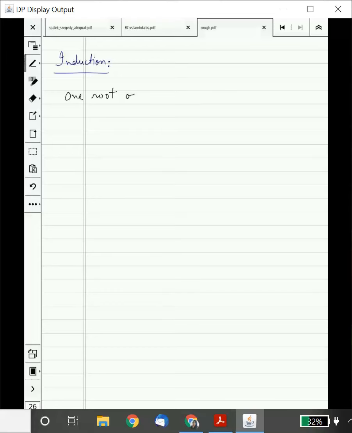You remember what the characteristic polynomial of M was? Determinant of lambda I minus M. Definitely, it is an equation of degree n. It will have at least one root, say lambda. Once I know that lambda is a root, let's look at the lambda eigenspace. Call it S lambda.